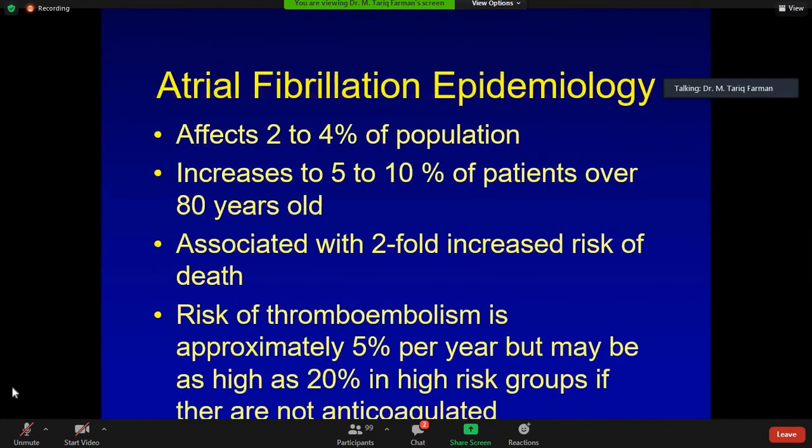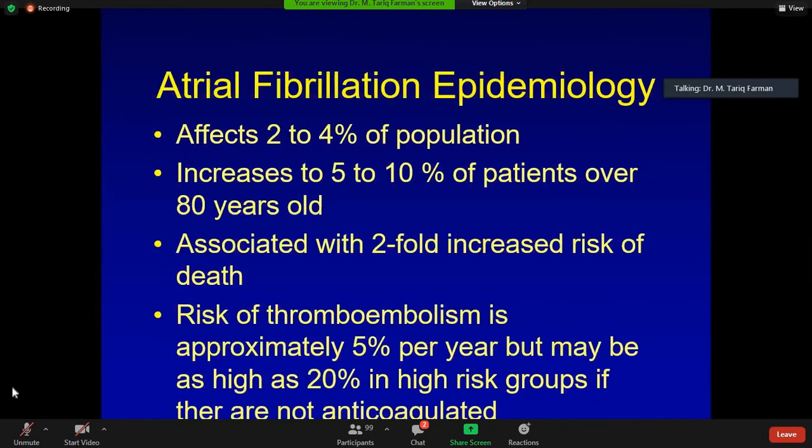So what happens next? There is stasis of the blood inside the atria, and this stasis, if it is prolonged, causes thrombus generation, clot formation inside the atria, and it leads to thromboembolism and stroke.